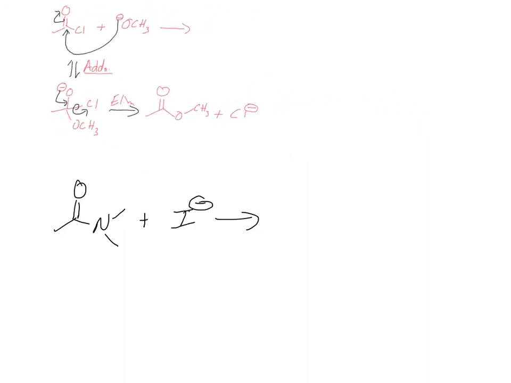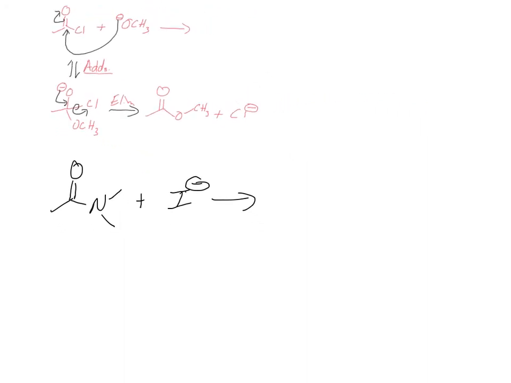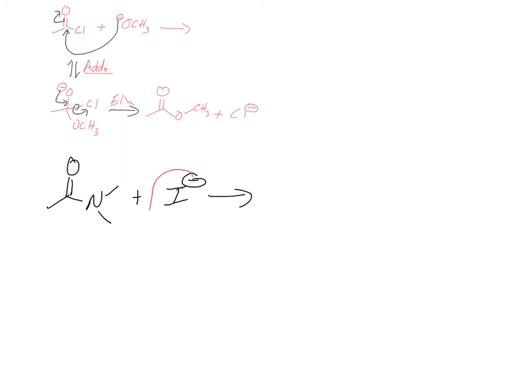Again, I minus can attack. But I minus is not a great nucleophile, and amides are pretty stable because of the possible resonance, which I don't have drawn here because nitrogen is willing to do that. So let's say this equilibrium lies really more towards the reactants. We get some of this.